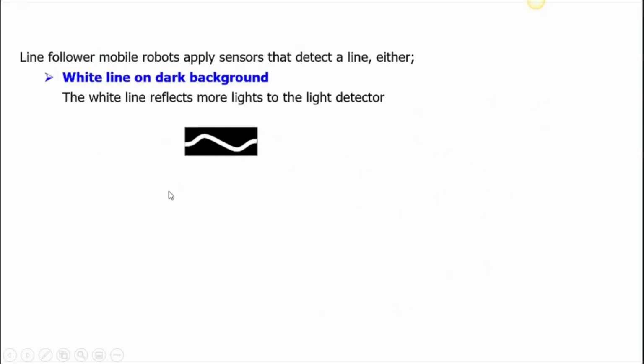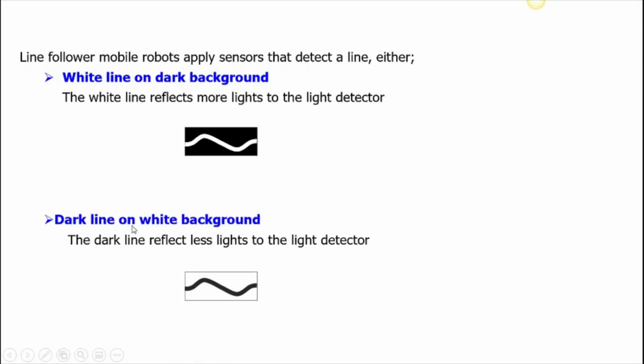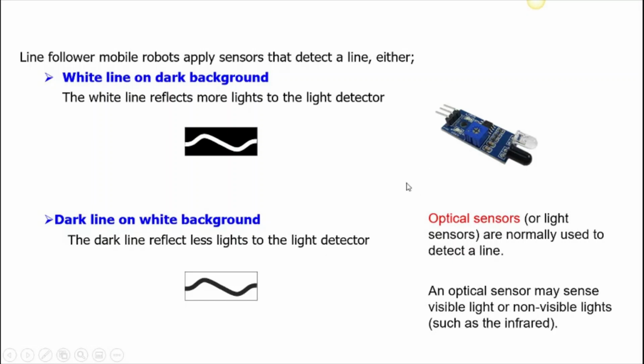Line follower mobile robots can apply sensors that detect either a white line on a dark background, where the white line reflects more light to the light detector, or a dark line on a white background, where the dark line reflects less light to the light detector. This is an example of the optical sensors that can be used to detect the line.